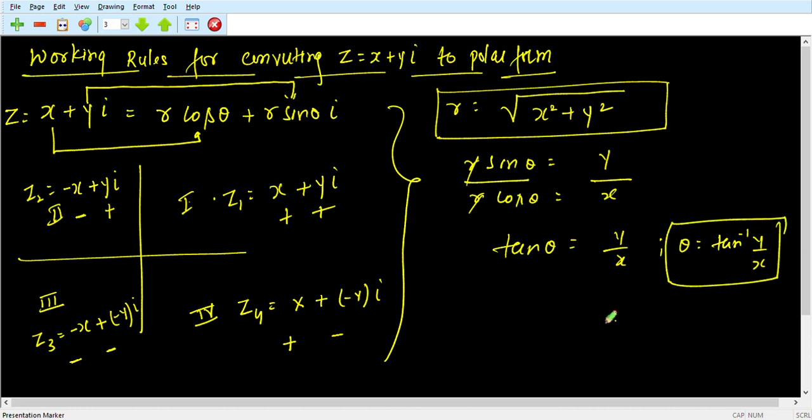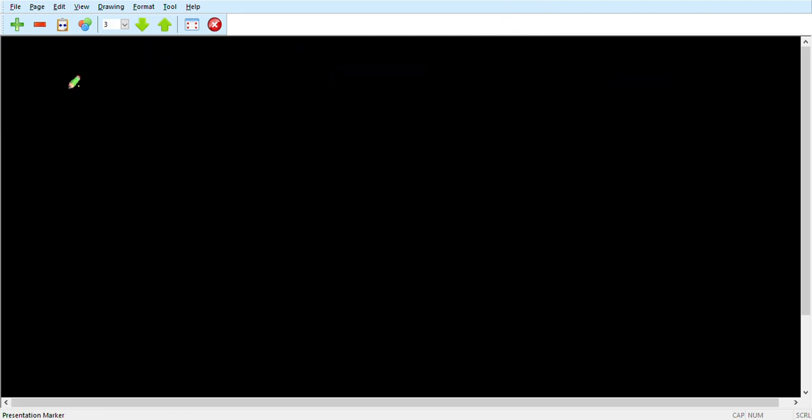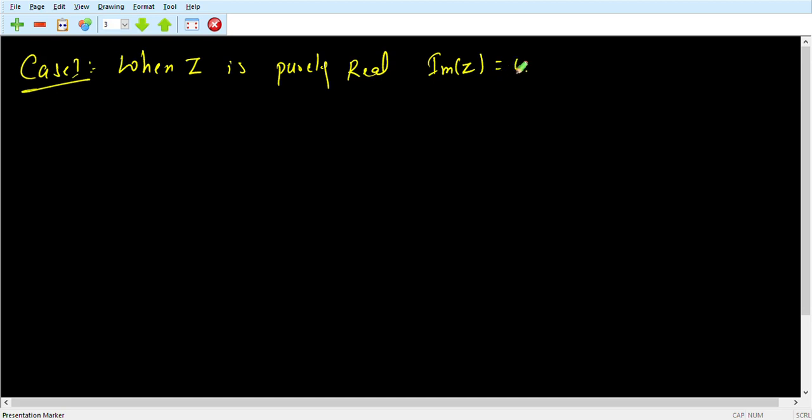But what if z is purely real? Now we are going to discuss the different cases for theta. Case number 1: when z is purely real, that means the imaginary part of z will be 0.